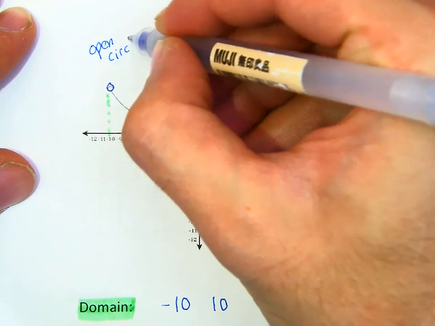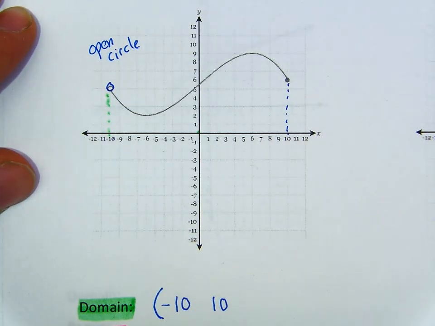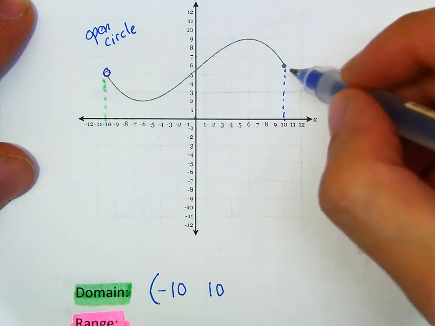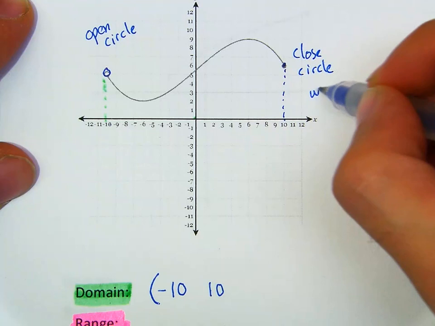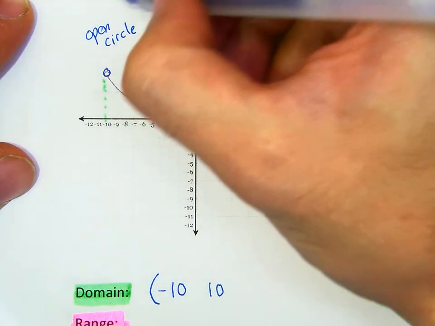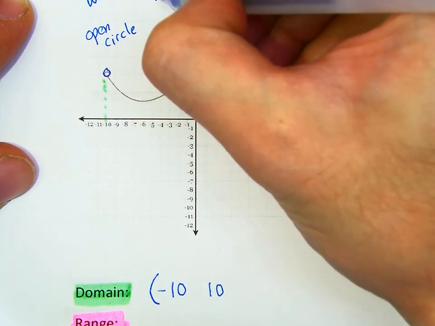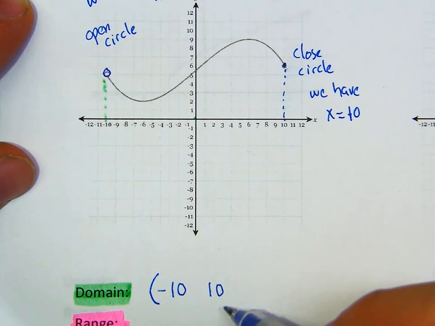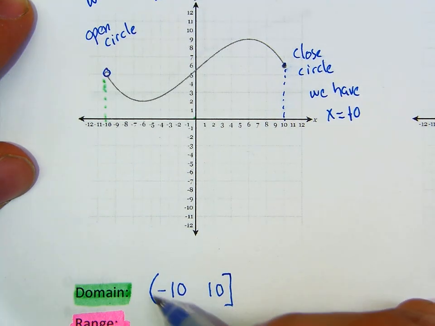So if I have an open circle over here, we have to use a parenthesis. And what do we do over here? This is a closed circle. This means we have x equals 10. When we have it, we put a bracket. When we don't have it, we put a parenthesis.